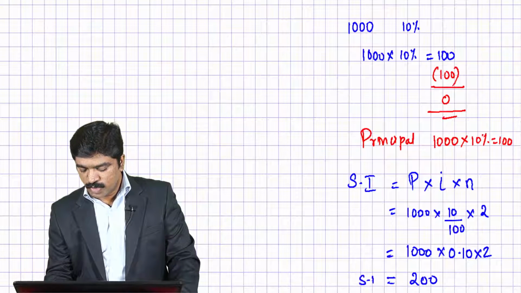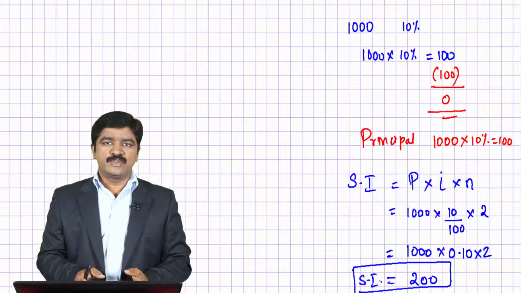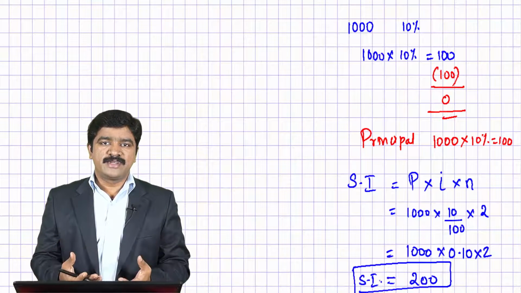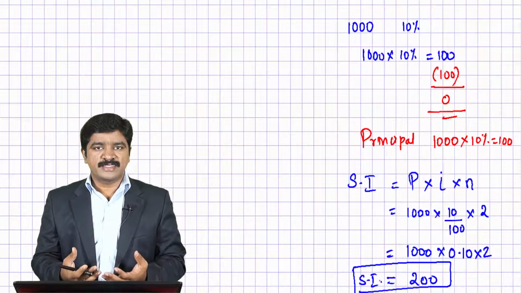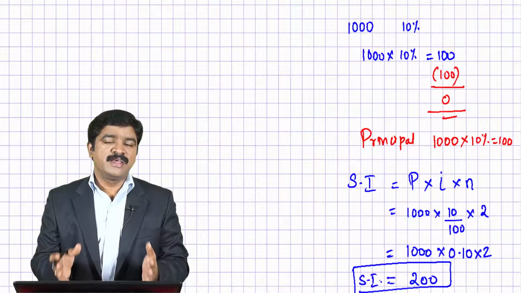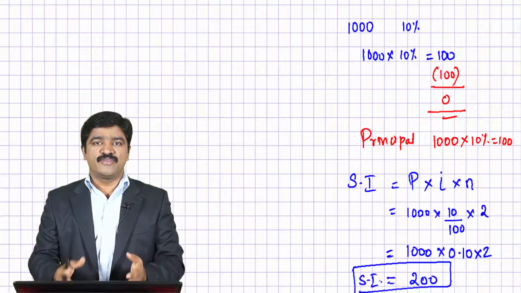So you get what is simple interest. Here the simple interest is nothing but 200. By investing your 1000 for a period of 2 years at 10%, you get your interest as 200. And here the assumption is this interest of 200 is split into 100 in the first year and 100 in the second year, and this is getting paid to you at the end of each and every year.